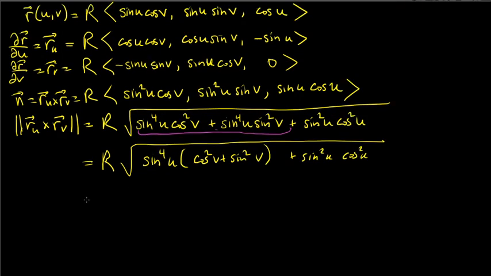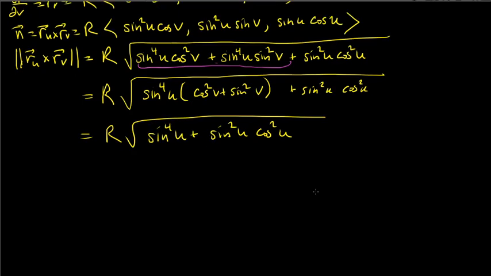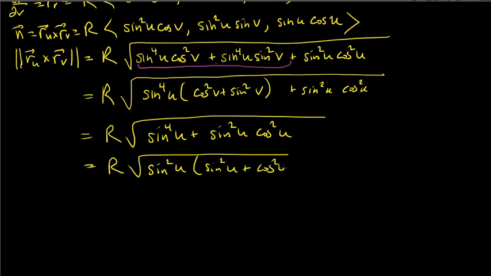Yep, that helps a lot. Now we just get sine to the fourth of u plus sine squared of u cosine squared of u. And we can factor out a common factor of sine squared of u. So we get sine squared of u plus cosine squared of u, and that's also equal to 1. So taking the square root, you're just going to get r times sine of u.